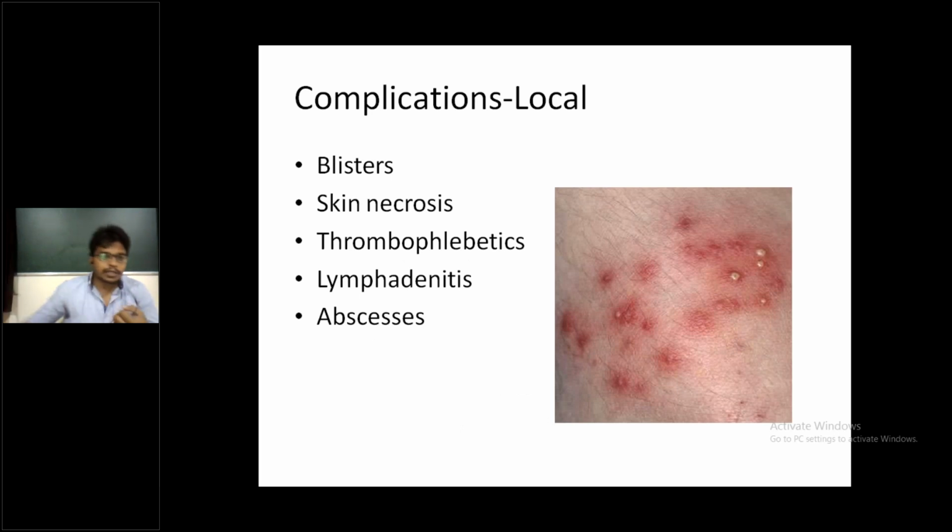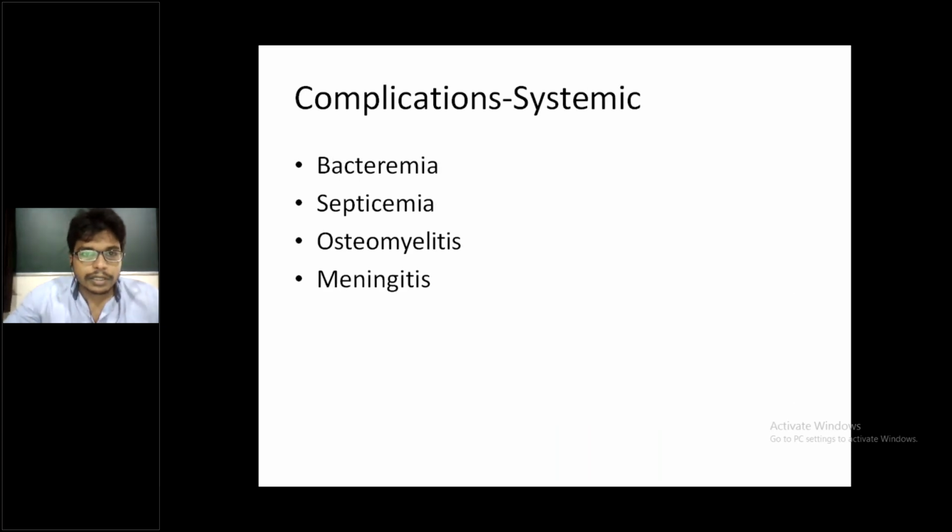Some local complications of cellulitis are blisters, skin necrosis, lymphangitis, hidradenitis, and abscess. Systemic complications are bacteremia, septicemia, osteomyelitis, and meningitis. You need to understand these names. Bacteremia is nothing but spread of bacteria through veins to other parts of the body.